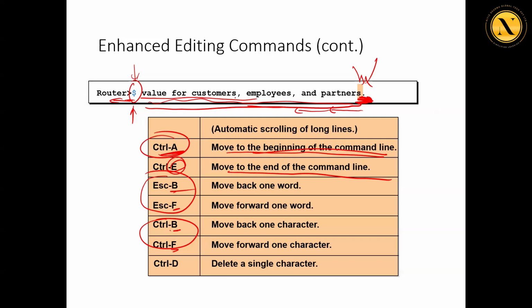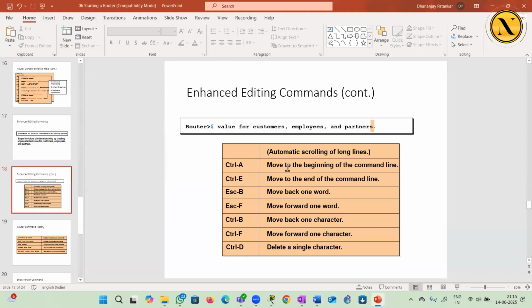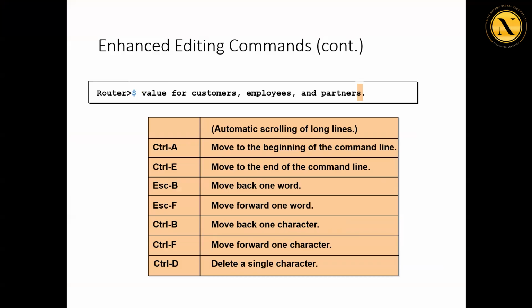So if my cursor is here, Control B, Control F. Control B means just move one character behind. So if my cursor is below the dot, if I press Control B, it will just come under S. Got it? If it's under S, and I press Control F, it will just go one step ahead.